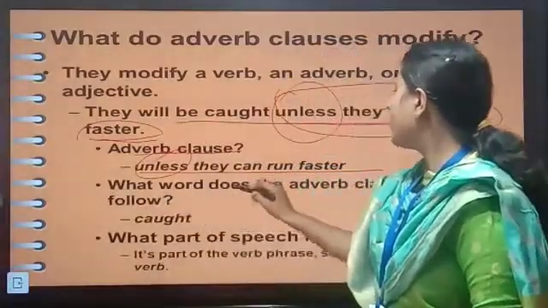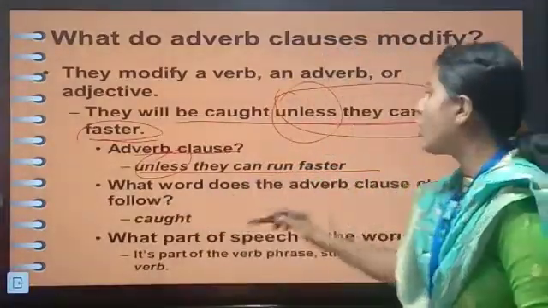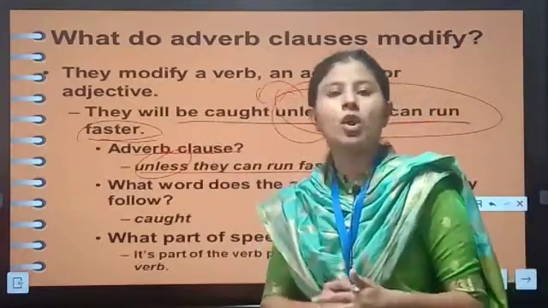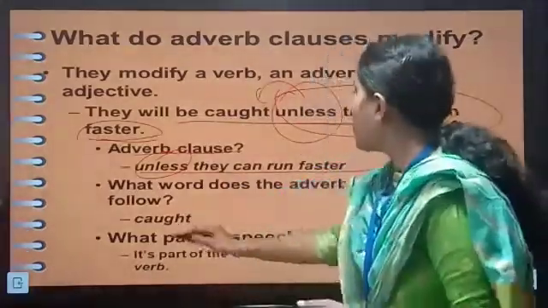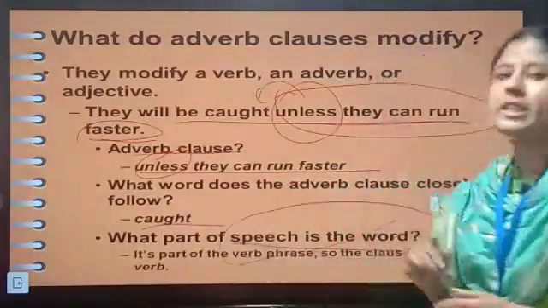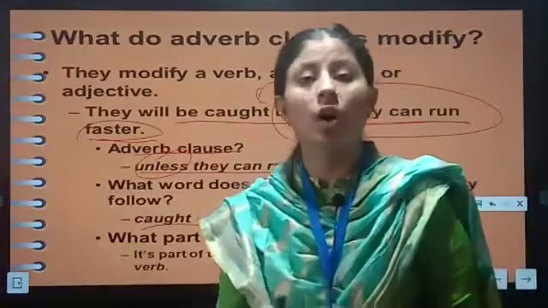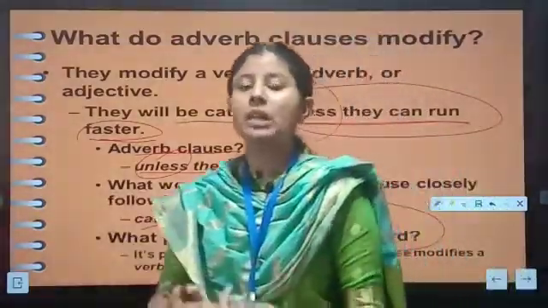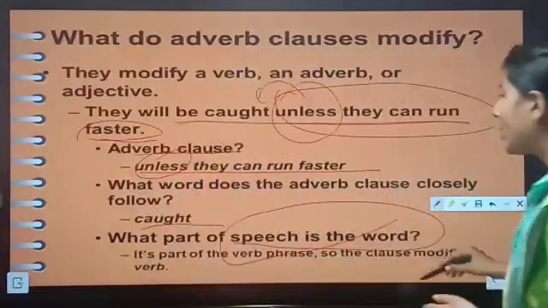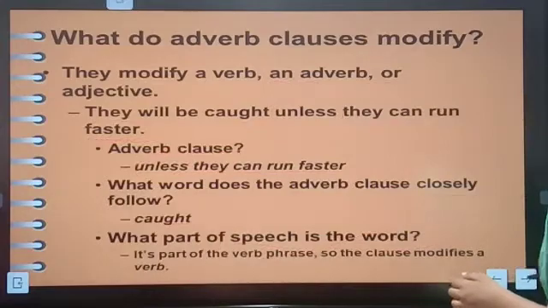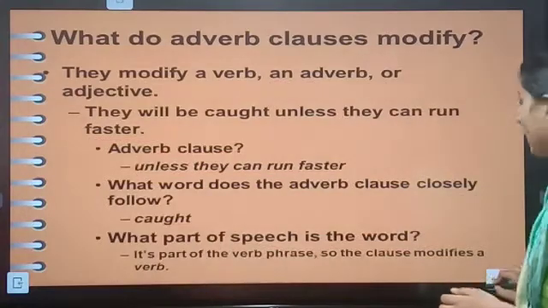What word does the adverb clause closely follow? It is following caught. So caught is the verb. Which part of speech is caught? It is the verb. So it is modifying the verb. So we can say that the adverb clause is modifying the verb. Okay, so I hope it is clear.